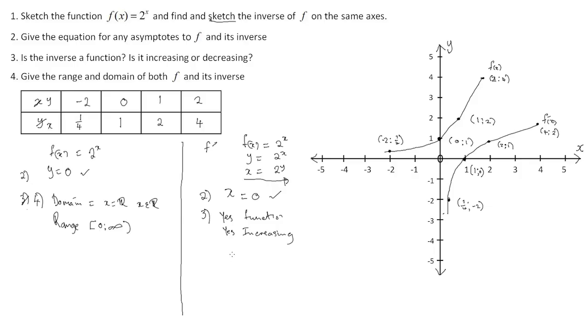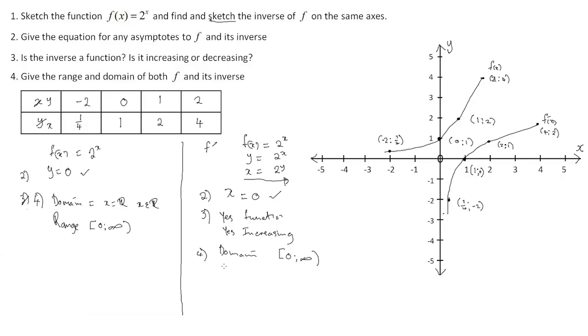If we look at the inverse itself, look at the domain, the inverse function, all x values. Can you see it doesn't go over to the left, so there's a restriction over here, so we can say it is from 0 and it goes into infinity.